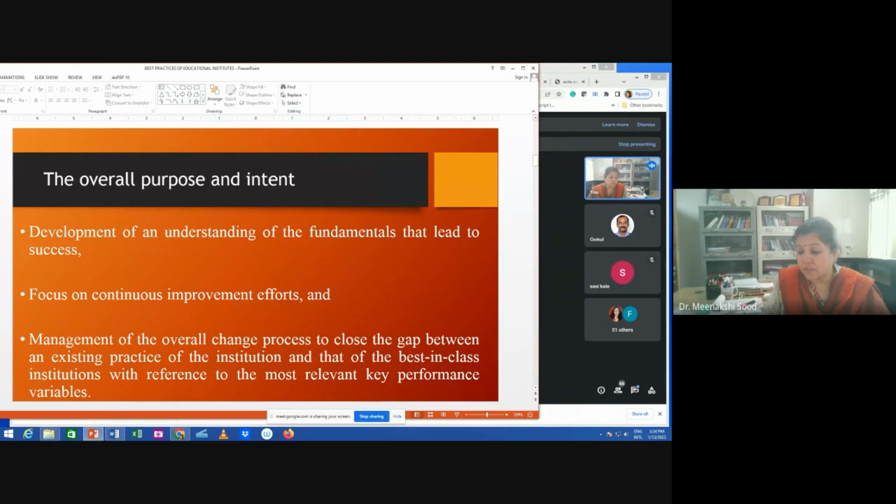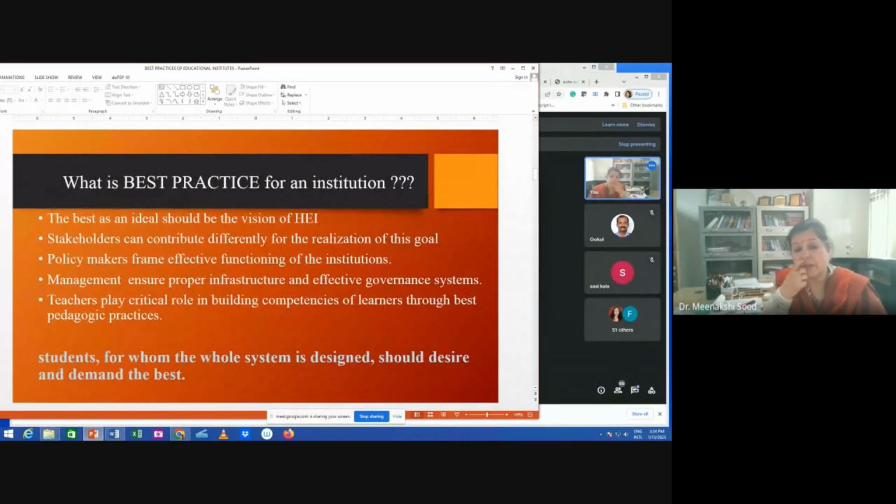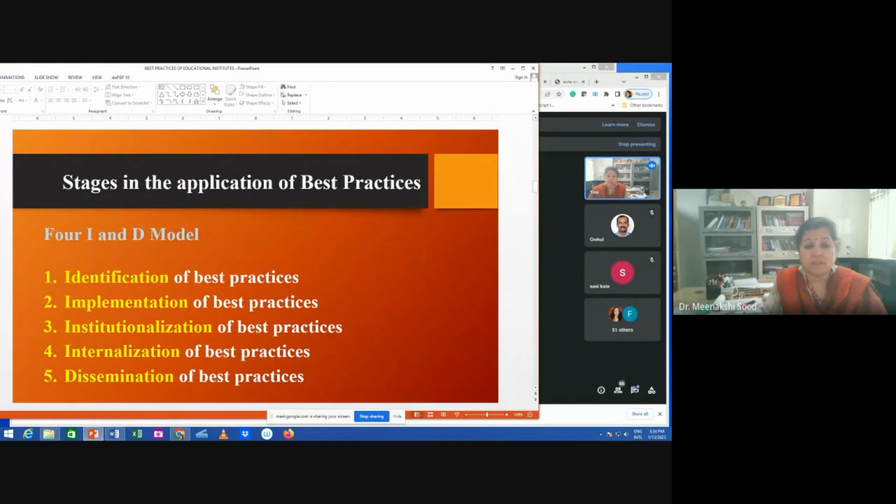What is the vision of the institute and the department, and what steps are we following to reach that vision, right?